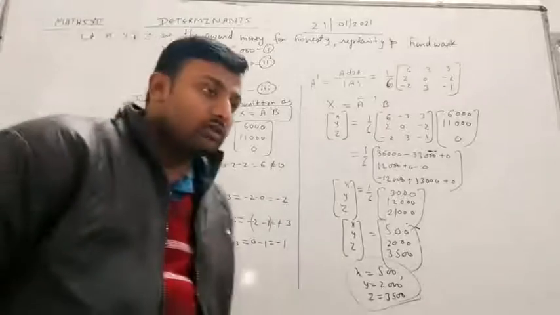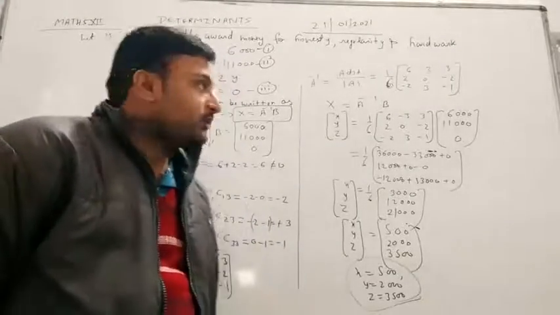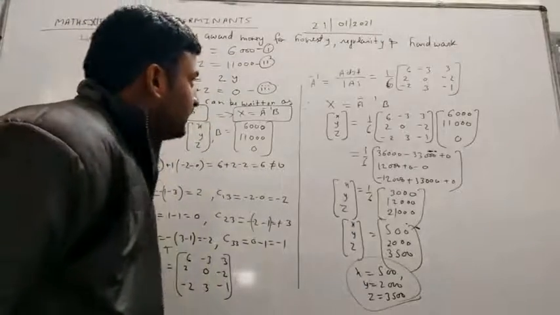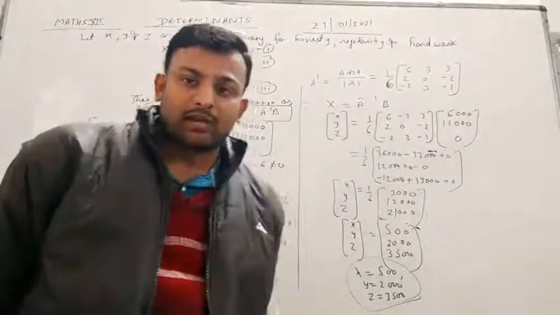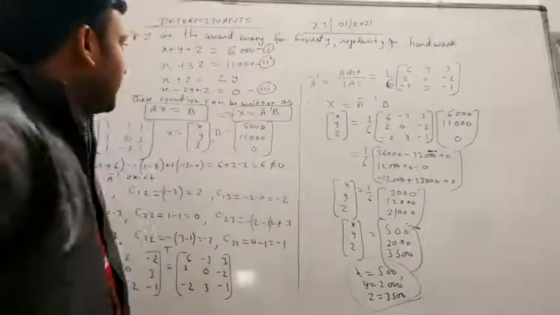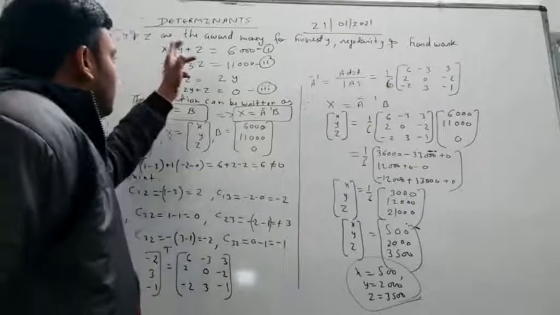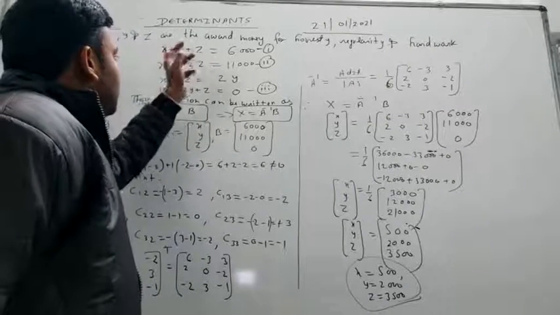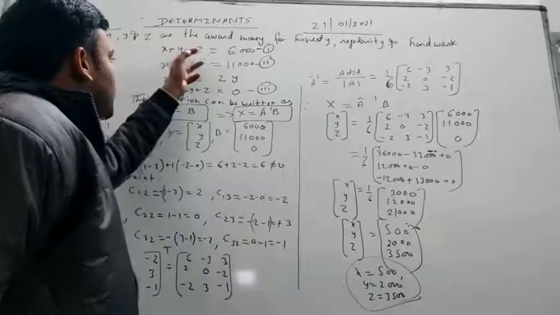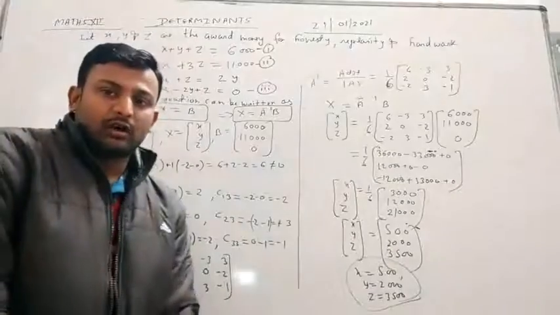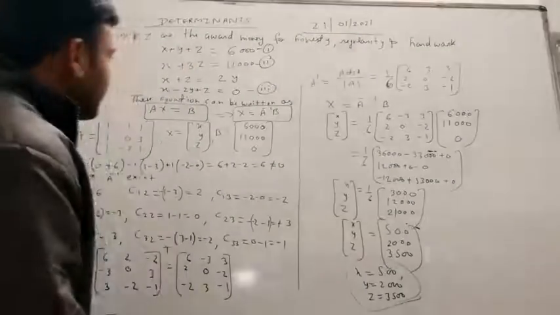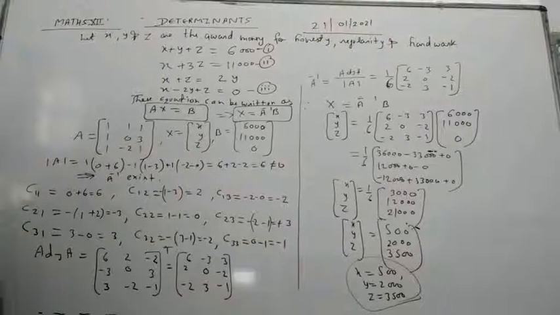So we have supposed that the money which is given for honesty, regularity and hard work to the students is X, Y and Z. So the total money will be equal to the sum of these three, that is X plus Y plus Z is 6,000.